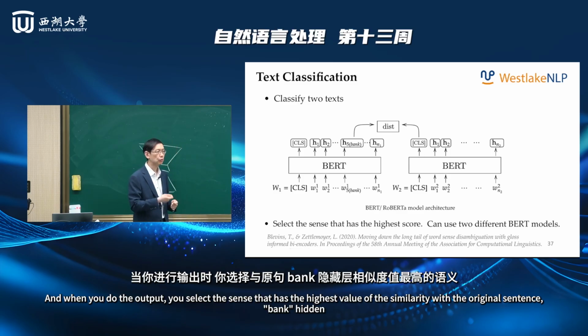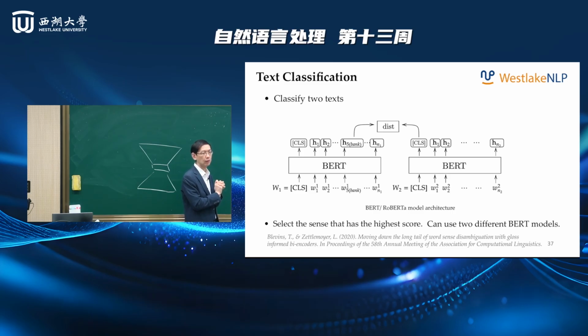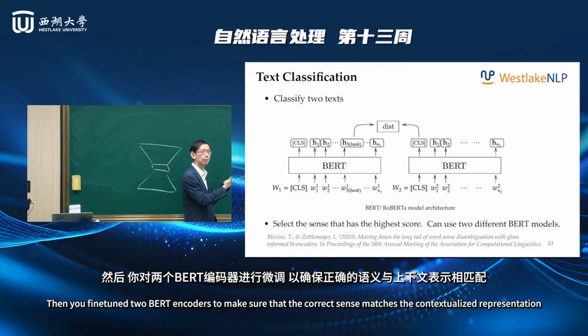And when you do the output, you select the sense that has the highest value of the similarity with the original sentence, bank hidden. Then you fine-tune the two BERT encoders to make sure that the correct sense matches the contextualized representation.